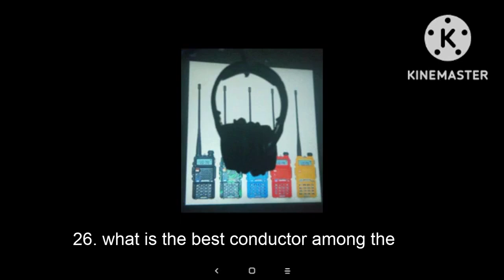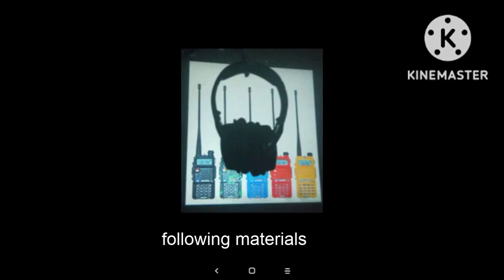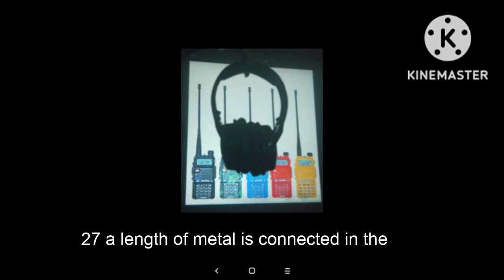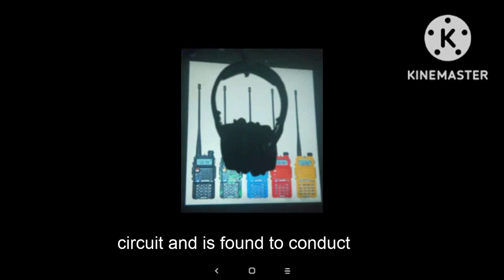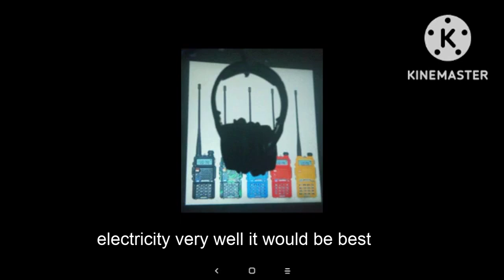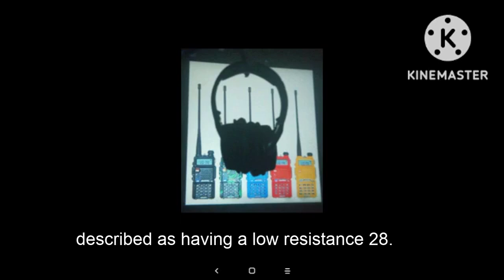26. What is the best conductor among the following materials? Copper. 27. A length of metal is connected in a circuit and is found to conduct electricity very well. It would be best described as having a low resistance. 28.